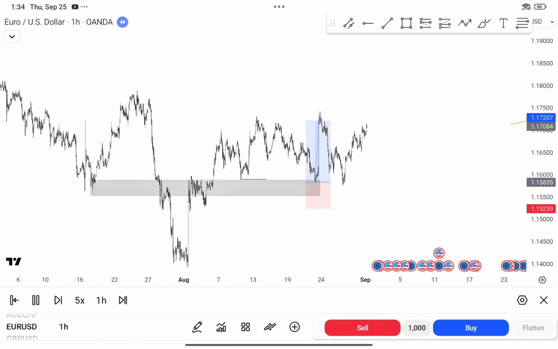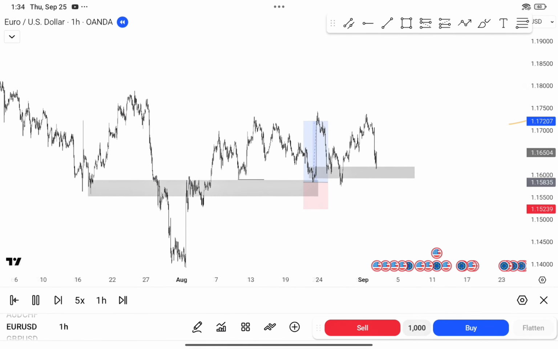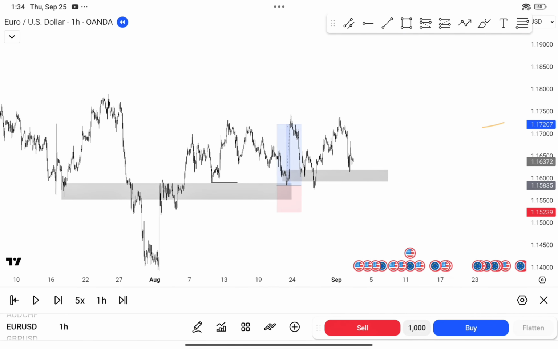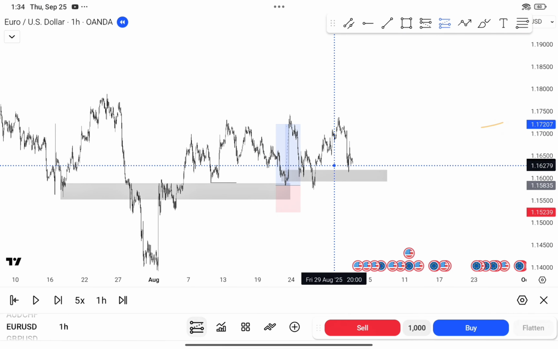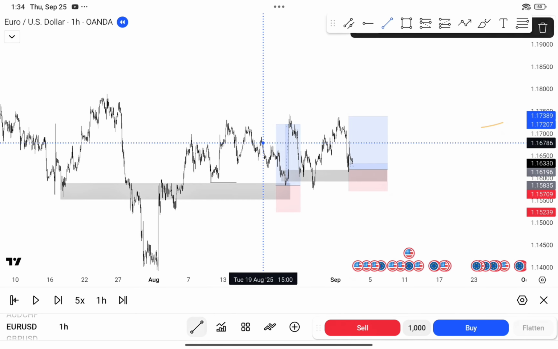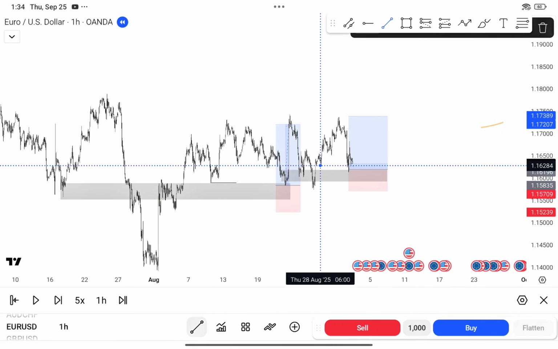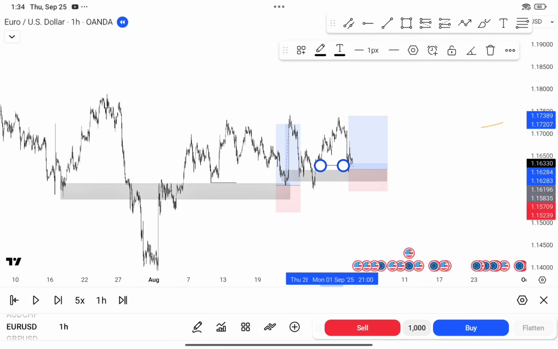This could be a reclaimed block. Okay, you can see how price is reacting to my reclaimed block, targeting this high, putting your SL below that low, and this is your inducement. Let's see.